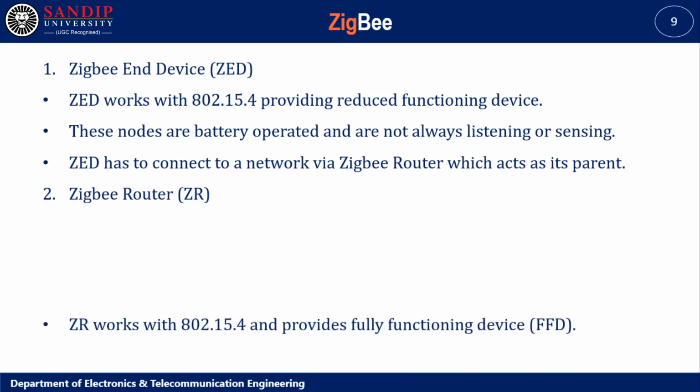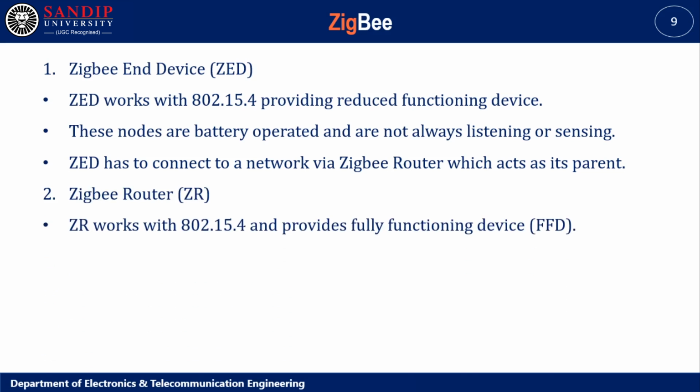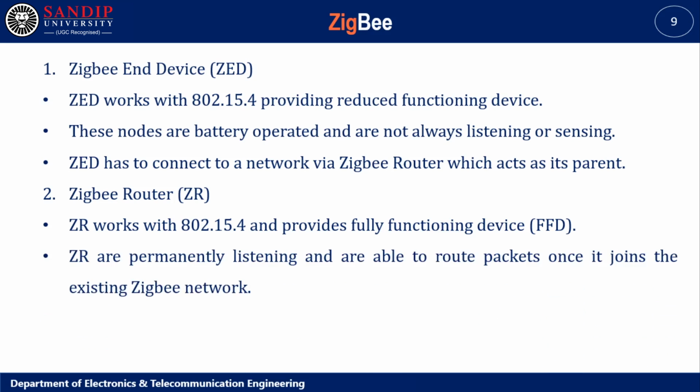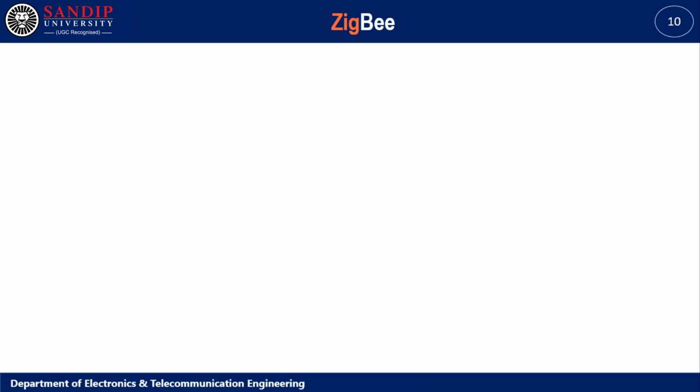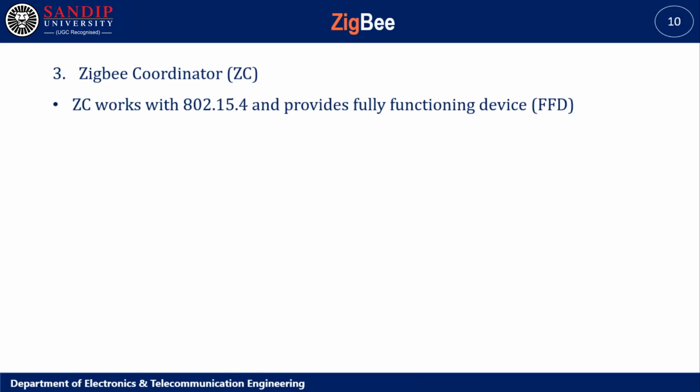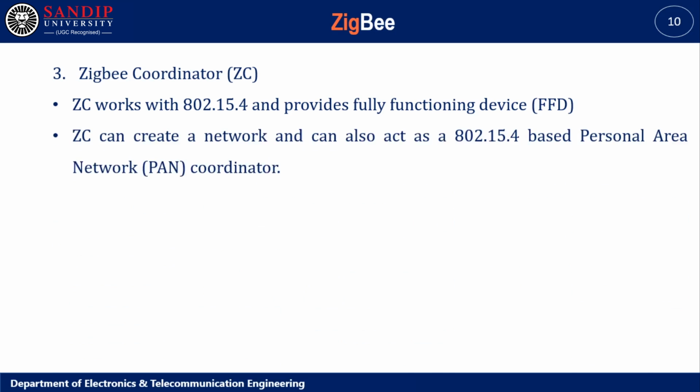ZigBee router, that is ZR. ZR works with 802.15.4 and provides fully functioning device, that is FFD. ZR are permanently listening and are able to route packets once it joins the existing ZigBee network. ZigBee coordinators, that is ZC. ZC works with 802.15.4 and provides fully functioning device, that is FFD.